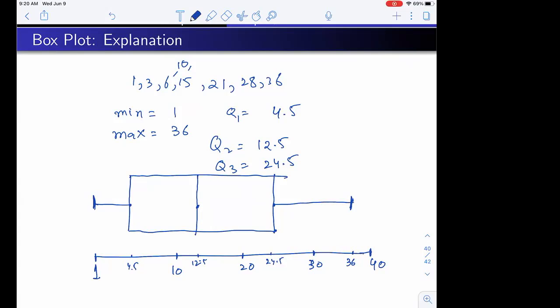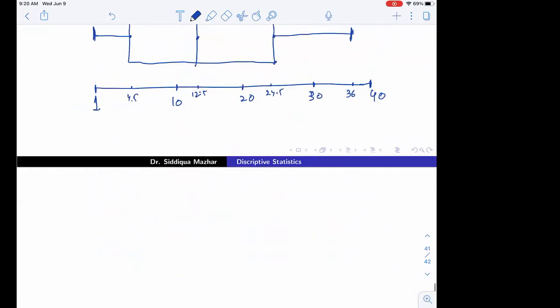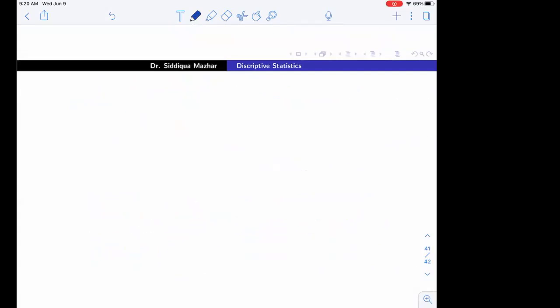The box you make is between Q1 and Q3, and Q2 tells you where the median of your data is. So this is the explanation of the graphical sketch of quartiles, the box plot. And that's it. This was our last lecture that I had to finish. Now we will discuss our next topic, which is probability.